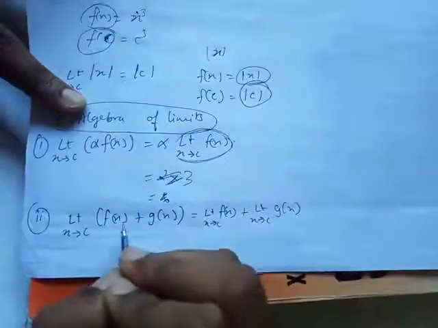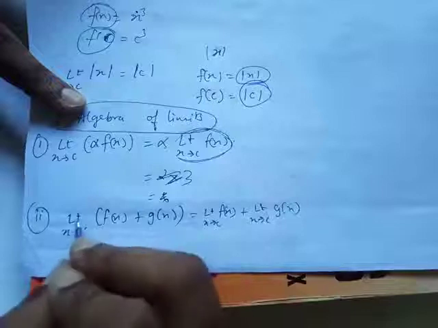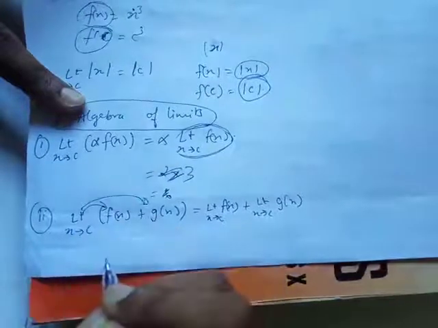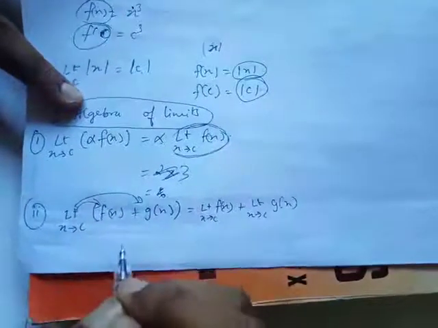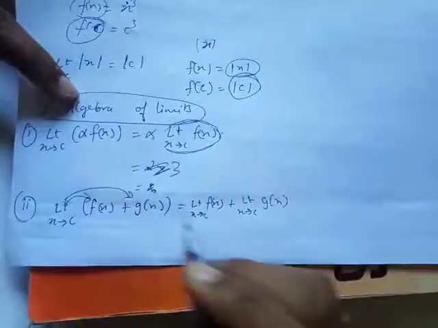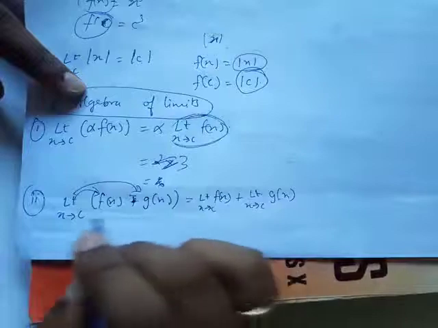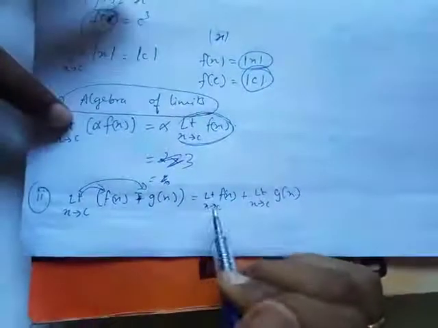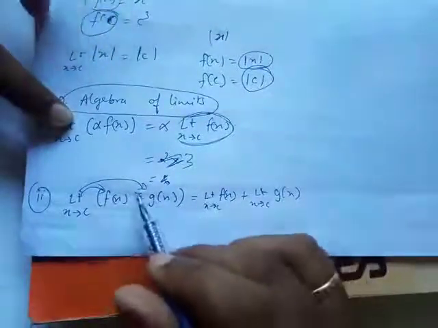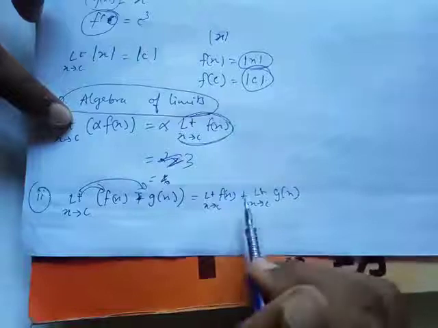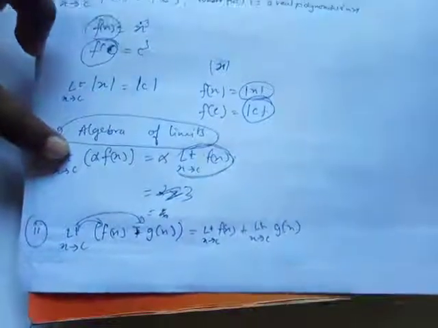It can go together as well, but the limit can also be shifted to both of them and then solved. And same for subtraction. If there were a subtraction over here, you could just give the limit to both of them and put a subtraction sign. Same for division and same for multiplication as well.